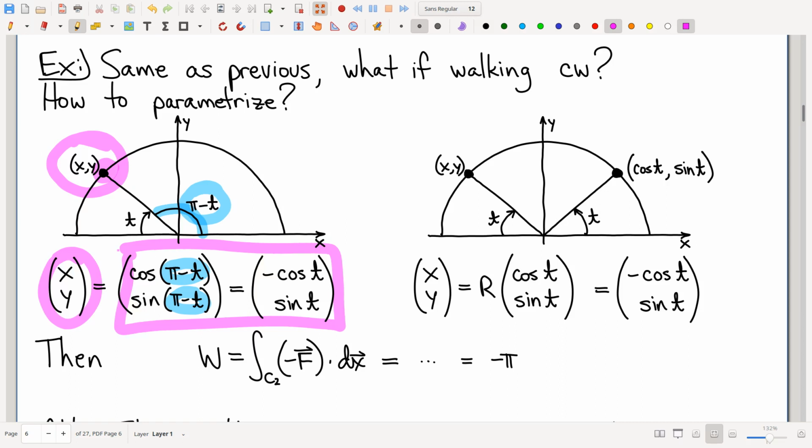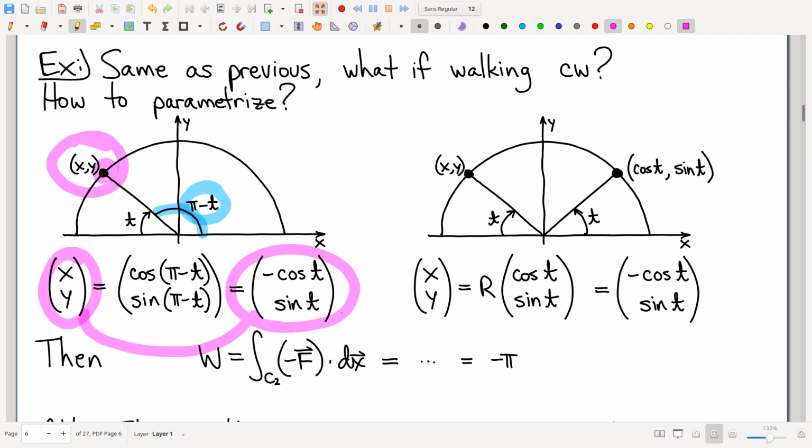We do need you to know the angle addition formulas. So make sure you know these, and if you just plug in the angle addition formulas real quick here, this simplifies to that. And so we have ourselves a parameterization, and as desired, it goes clockwise. We happy?